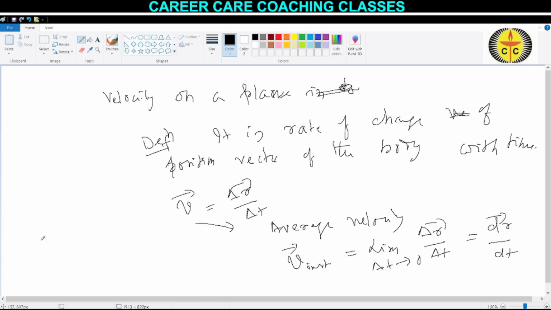So v instantaneous is equal to dr by dt. The velocity of the particle changes with time, so at any instant of time we can find the instantaneous velocity, when the time interval tends to 0.